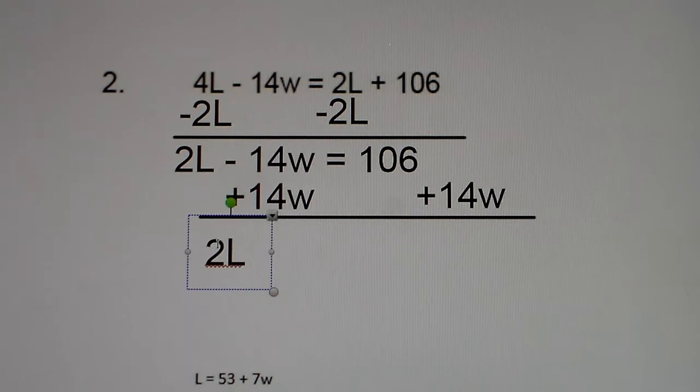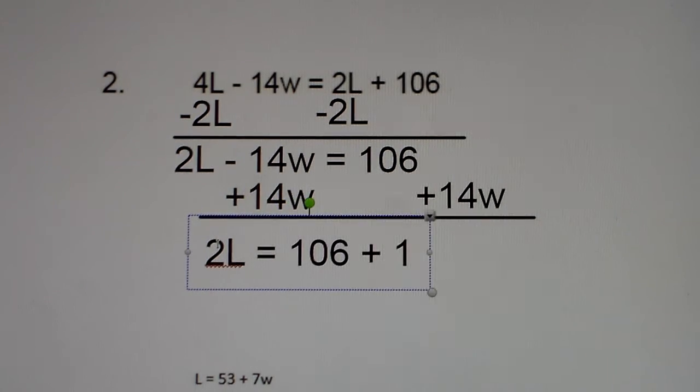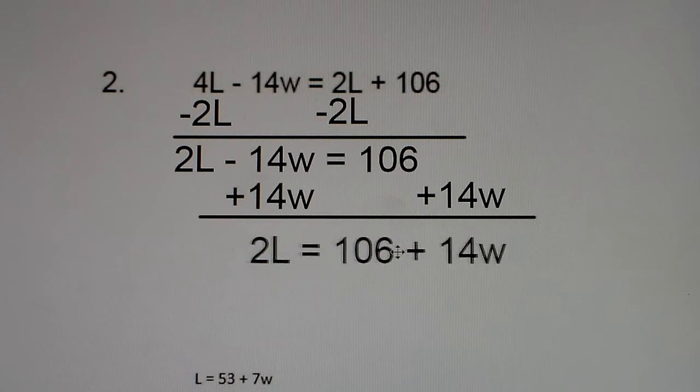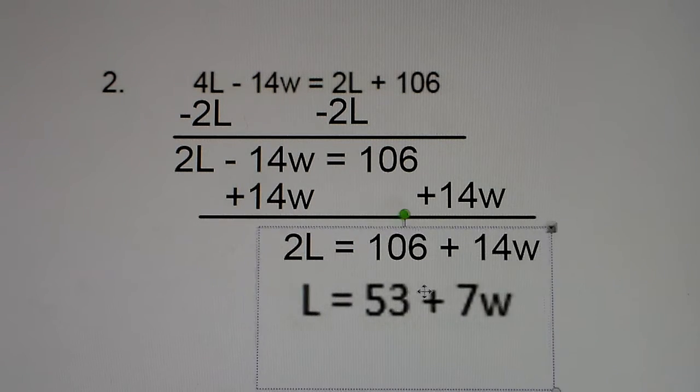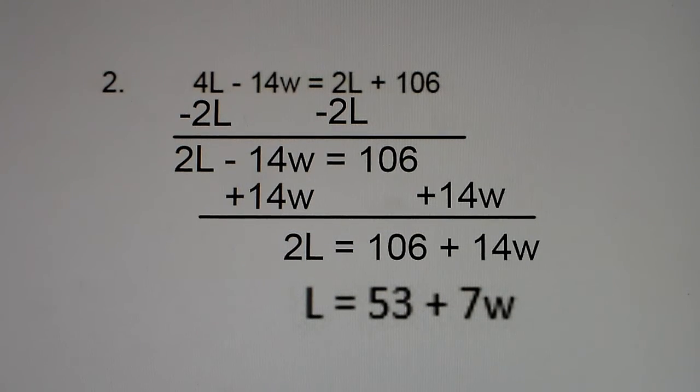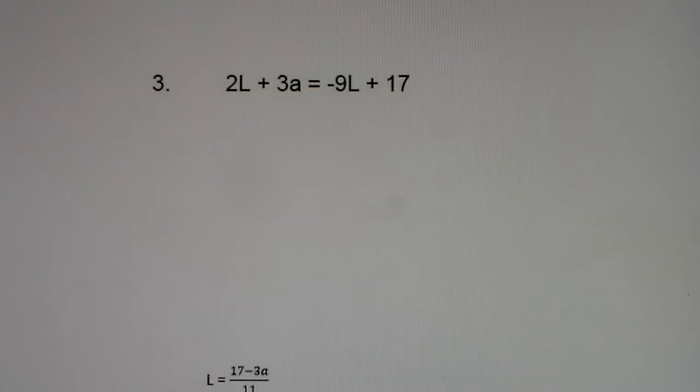So you're going to get 2L equals 106 plus 14W. Then we're going to divide by 2 to both sides. I'm not going to write that out. So L equals, make life easy, L equals 53 plus 7W, because 106 divided by 2 gets you 53, and 14W divided by 2 gets you 7W. That's problem number 2.